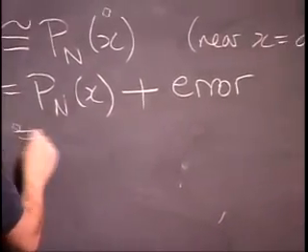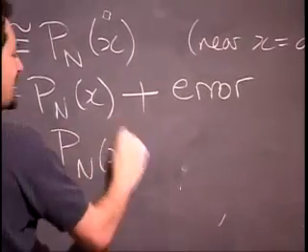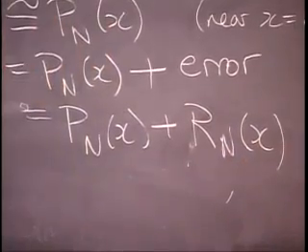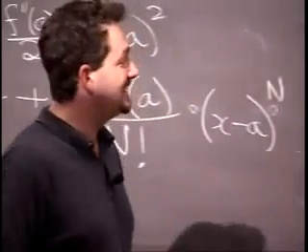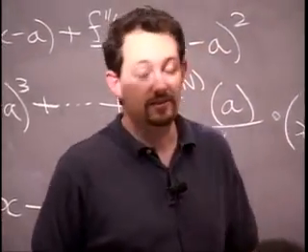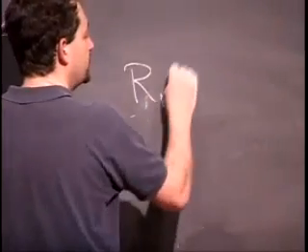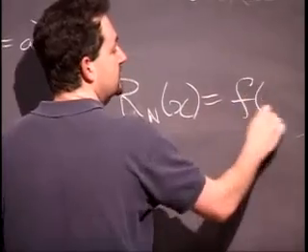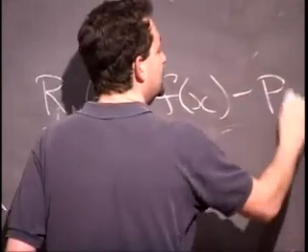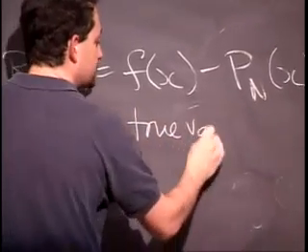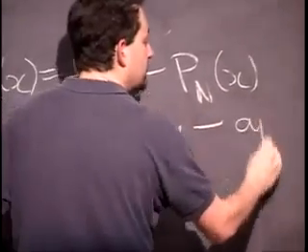So I'm going to call this error Rn of x. And I say error, sometimes it's called remainder. It's what's left over after you take away the Pn. That's why it's an R and not an E. So R stands for remainder. So the definition then, Rn of x is f of x minus Pn of x, which you should think of as the true value minus the approximate value.